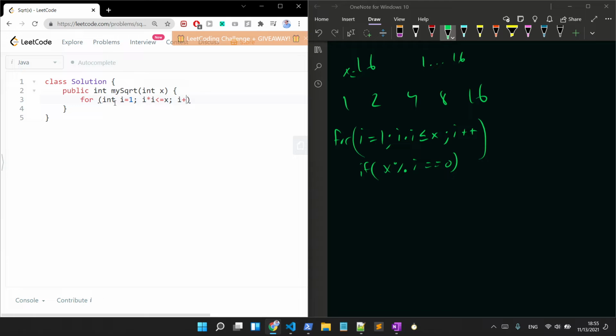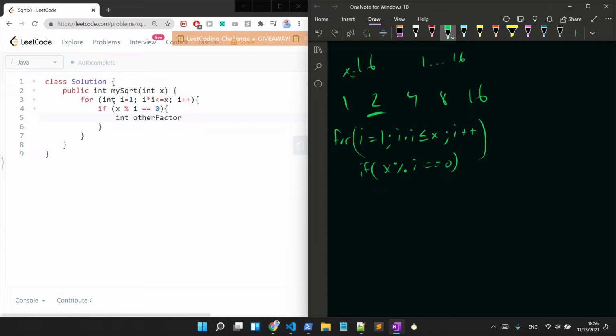So, like I said, if x mod i equals 0, then we'll call this the other factor. Other factor meaning, say we're on 2 here. The other factor would be 8, because 16 divided by 2 equals 8, right?